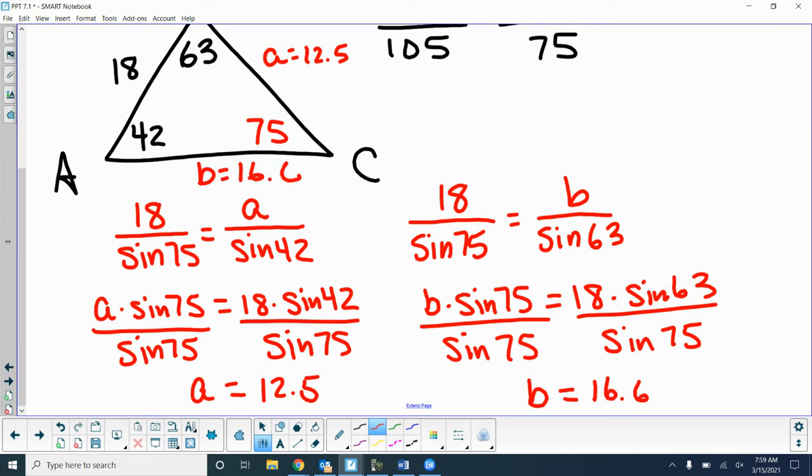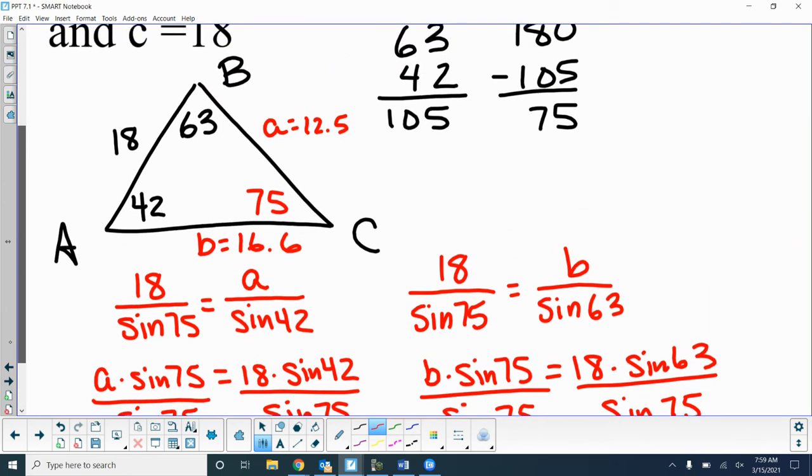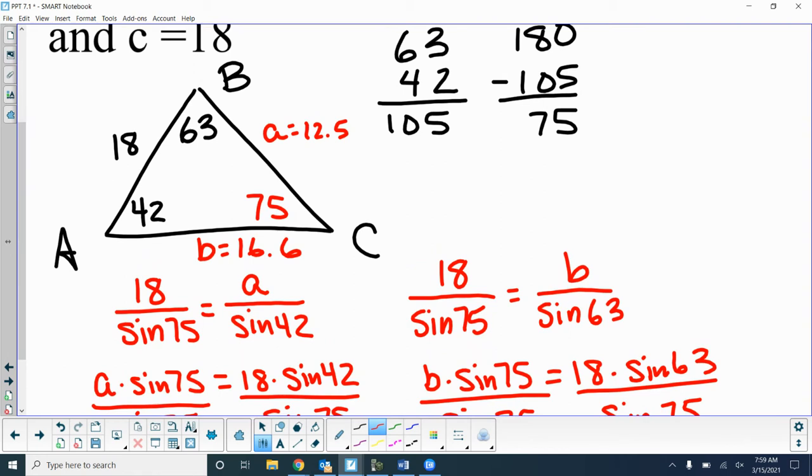So now we have solved that triangle. We had two angles and one side, the black one, and to finish it, we had to find the two remaining sides and the missing angle. So now we have solved that triangle. Questions on that? You guys remember that from past classes?